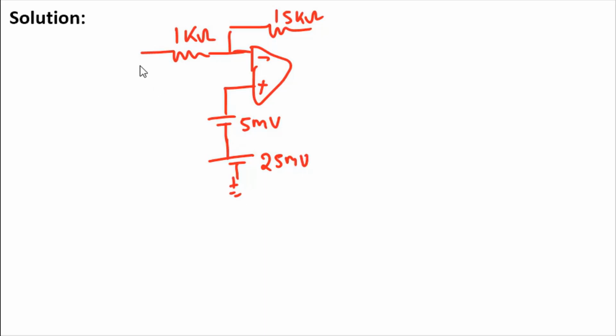So this you have given in the question. So you need to find out what is the output voltage. Also you have given the open loop gain of this op-amp as 100. So you need to find out the value of V0 in millivolt.